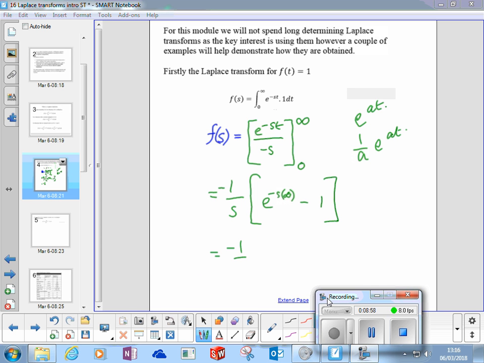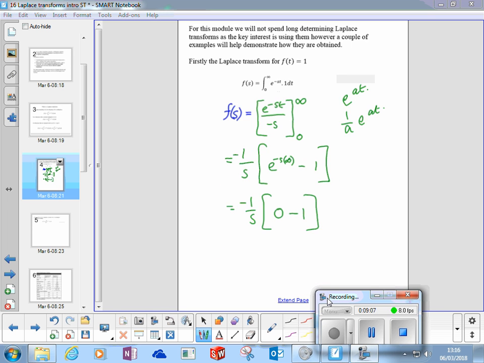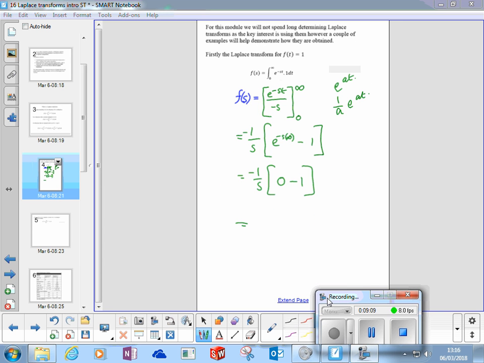So that's minus 1 over s times 0 minus 1. Now if we multiply out those brackets, what are we left with?